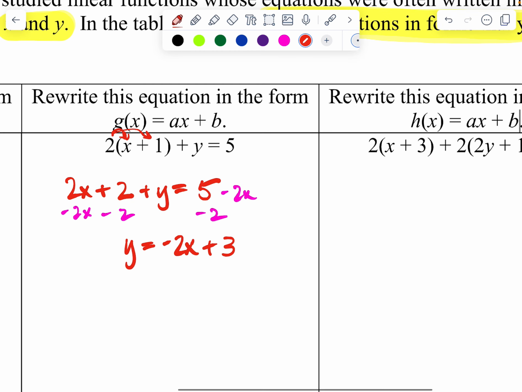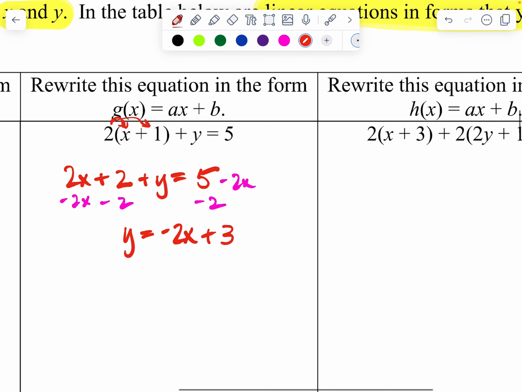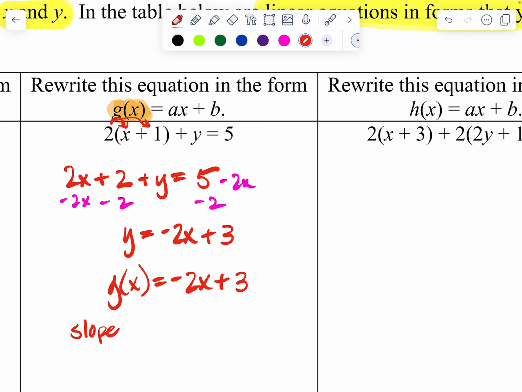So we have it in ax plus b form. We just need to write this in function notation. And this one is asking us to write it as g of x. So I'm going to replace that y with g of x, negative 2x plus 3. Our slope, this is a line, and our slope is negative 2, and our y-intercept is 0, 3.